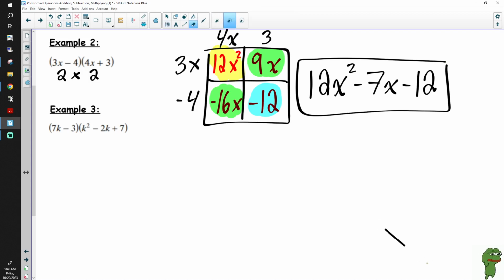All right, example number 3. How many terms does the first polynomial have? How many does the second one have? So you need to make a 2 by 3 box. 2 by 3.